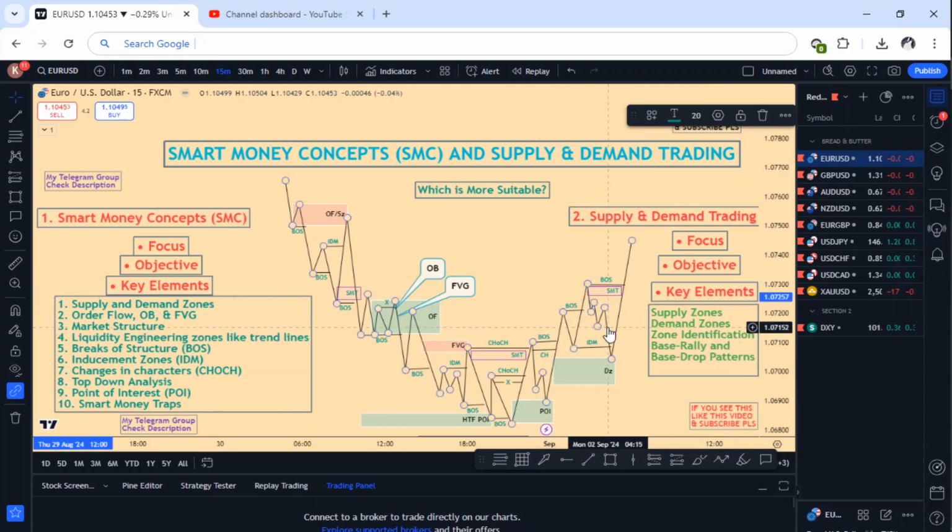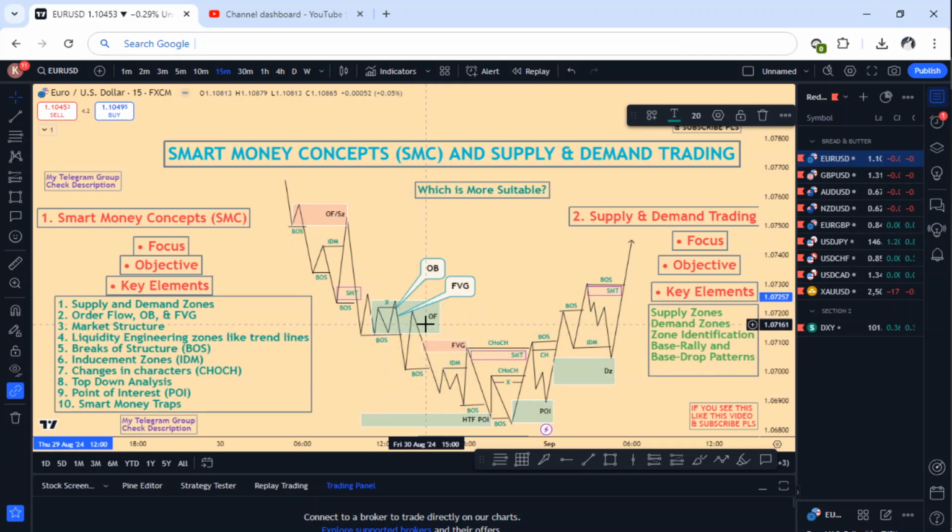Now, there are what are called base rally and base drop patterns. A base is a consolidation area, somewhere like here. Rally is the initiation of price movement.